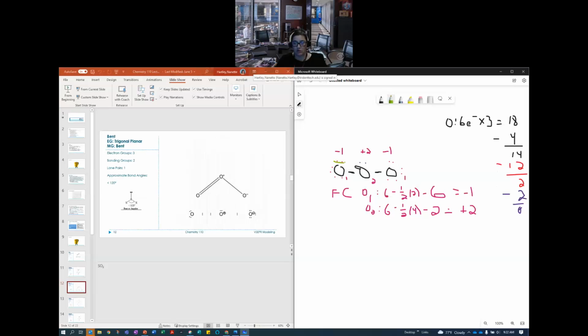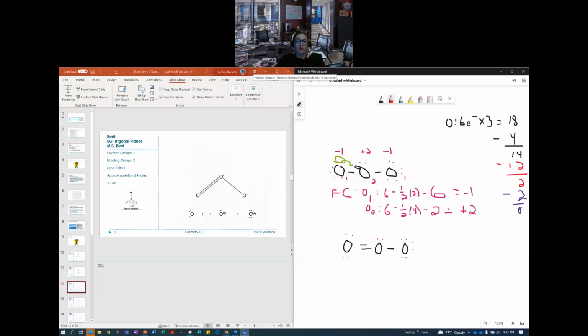If I take one of these pairs of electrons off of this oxygen and pull it into a double bond right here, I then end up with an oxygen, a double bond, an oxygen, a single bond, an oxygen, and then one, two, three, 4 on that one, 2 on that one, 1, 2, 3, 4, 5, 6.